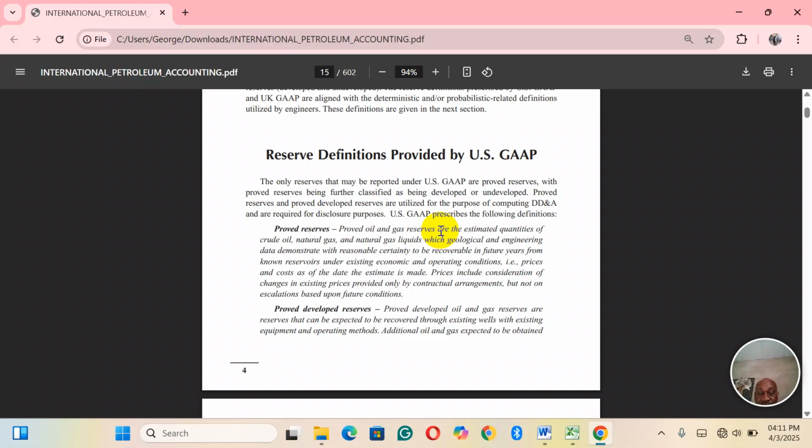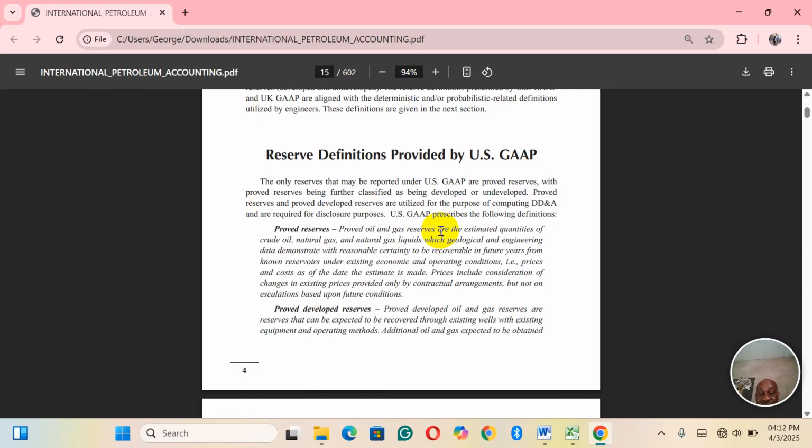The estimate is made including consideration of changes in the existing price provided only by contractual arrangements, but not on escalation based upon future conditions.